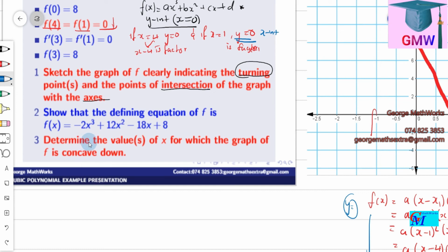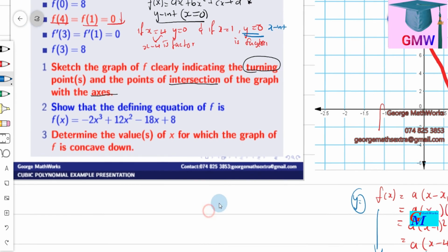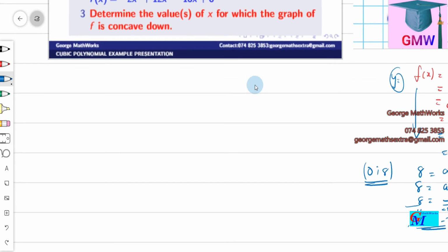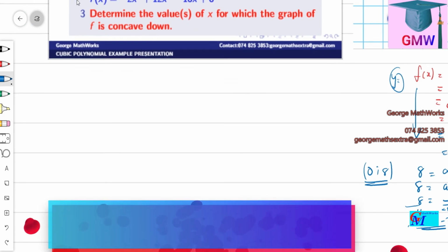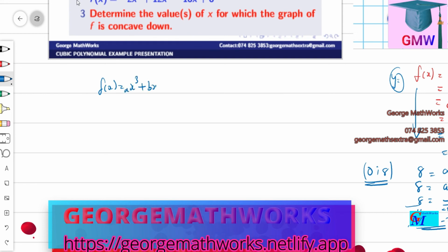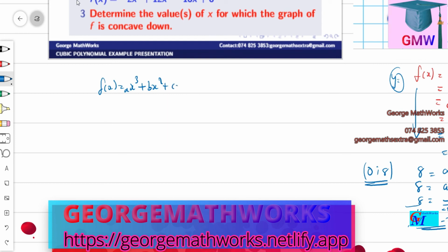Now we are on the last part. It says determine the value or values of x for which the graph of f is concave down. Now, for concave down, remember we discussed that if you have a cubic polynomial, x cubed plus bx squared plus cx plus d, and you get the first derivative of this, it will give you a quadratic equation.